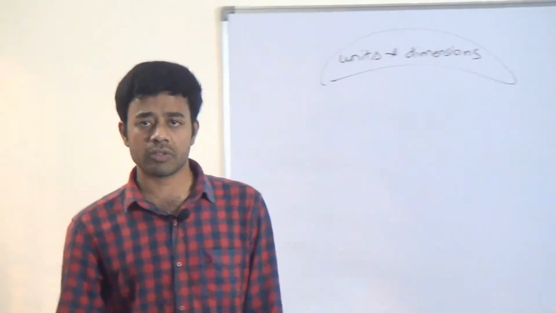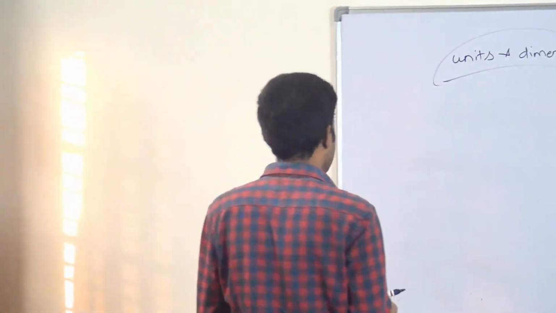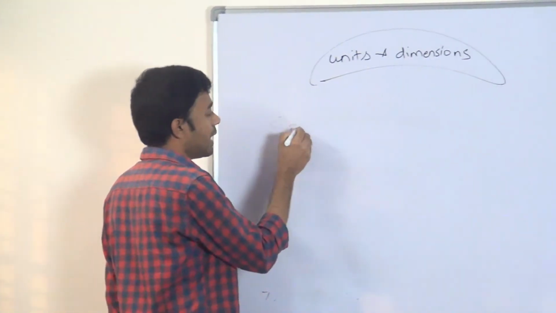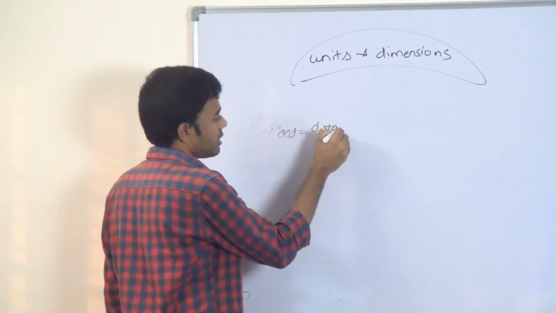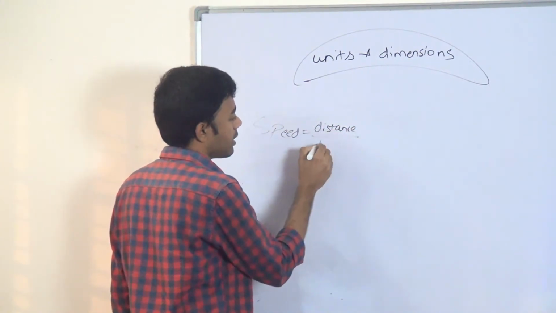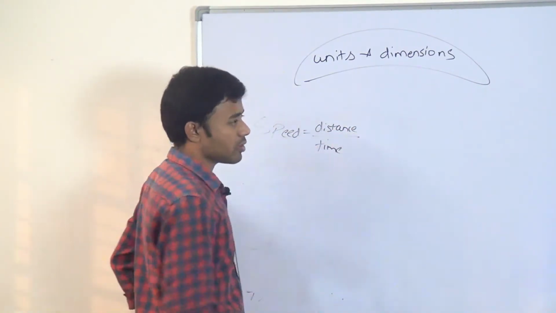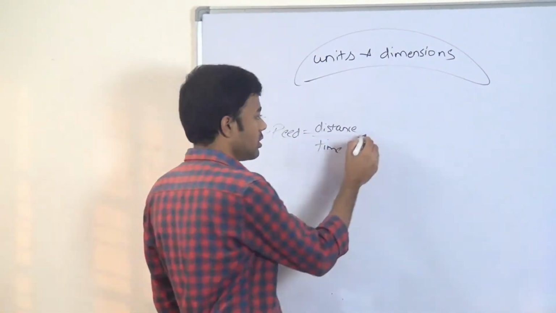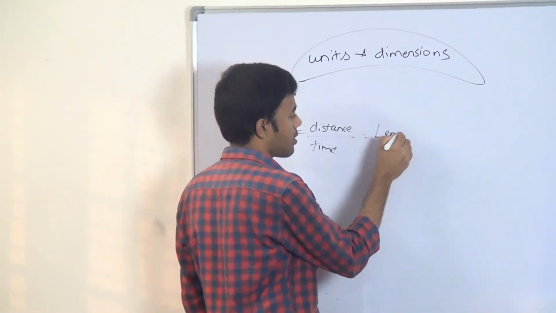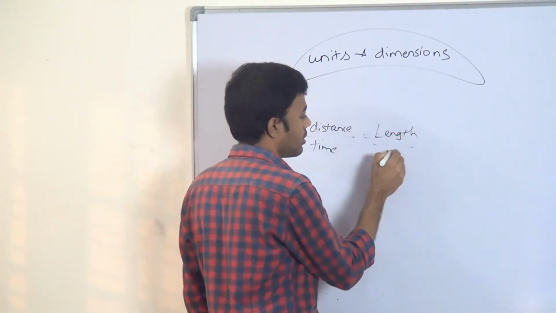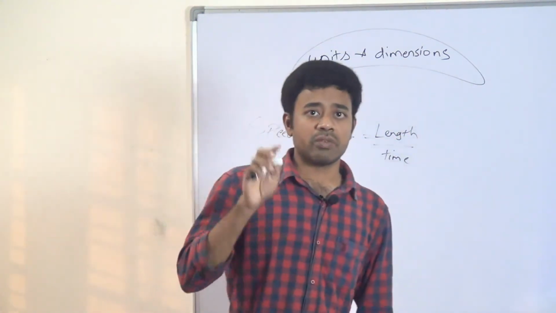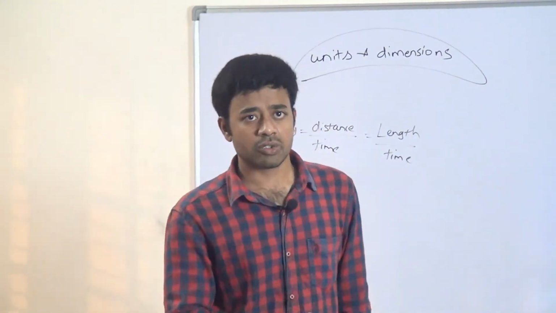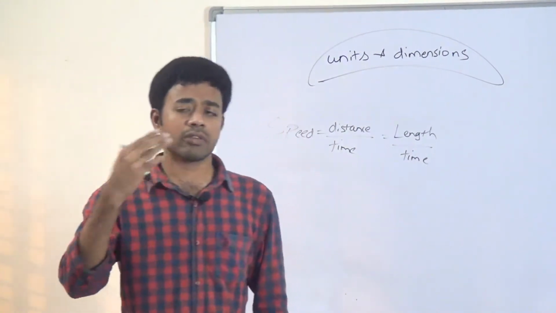For example, we have speed. We know that speed is equal to distance by time. The distance is a length, so it is length by time, and length and time are two of the seven fundamental physical quantities. In this manner you can indicate any other physical quantity.